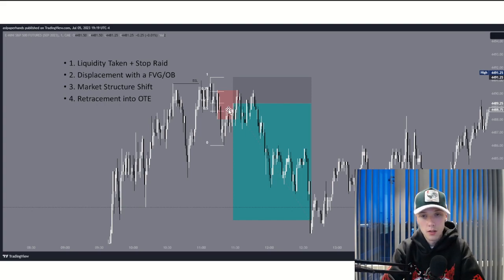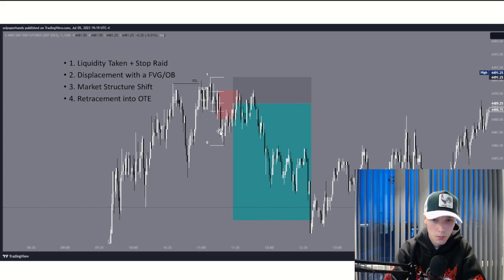Next up, we need the solid market structure shift. So we see this fair value gap here. It created an intermediate term low. It's basically where I teach short-term, intermediate term, and long-term highs and lows. That means this low right here is an intermediate term low.